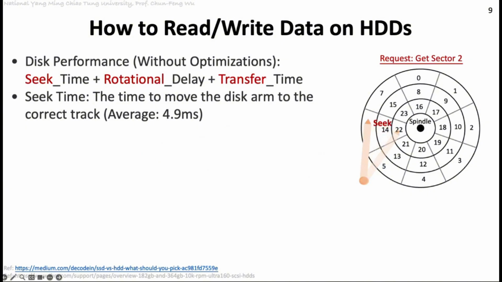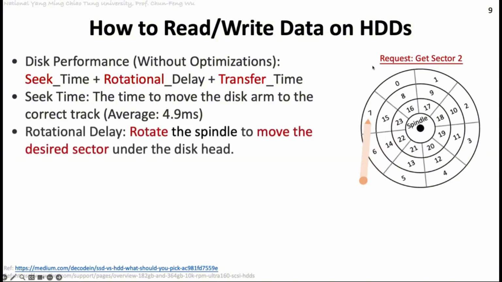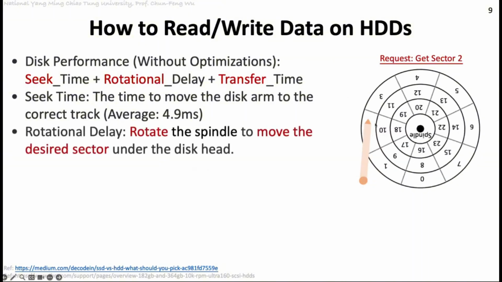Actually, when the head is moving, the plate is rotating all the time, because when you start the hard disk drive, the spindle will rotate all the time. This is the reason why, when you power on the hard disk drive, it is quite noisy. So there is another thing called rotation delay, because we cannot make sure that when we move the head from the inner to the outer track, it can point to, for example, sector 2 at the same time, because the plate is rotating all the time.